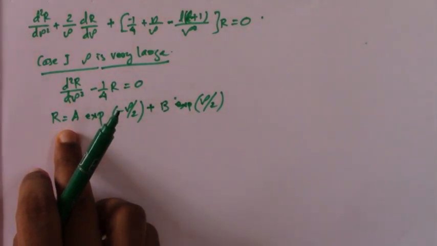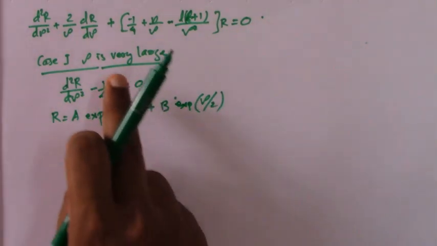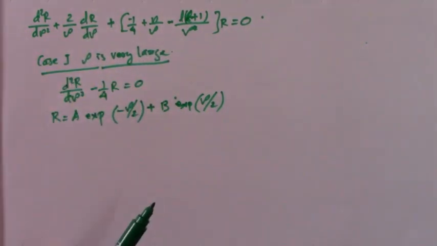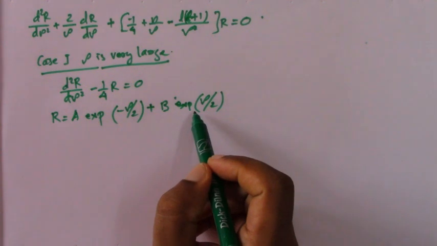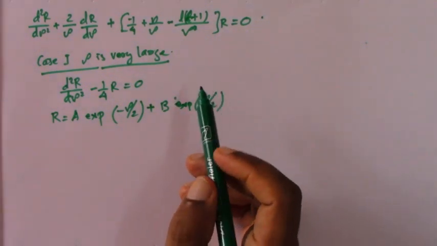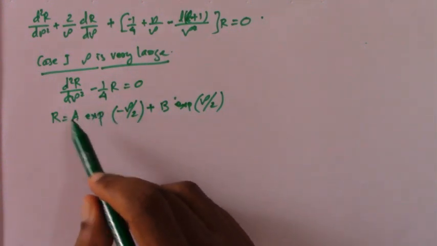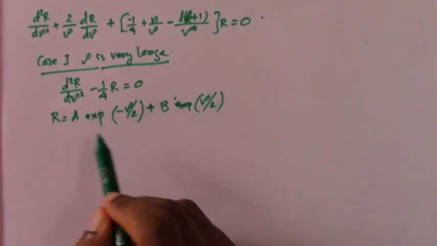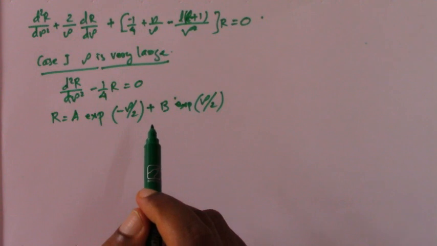In order for the wave function to be well behaved, it must be finite. But for very large rho, as we assumed, exponential rho by 2 will tend to infinity. Therefore, if we use this expression, R will become infinite.